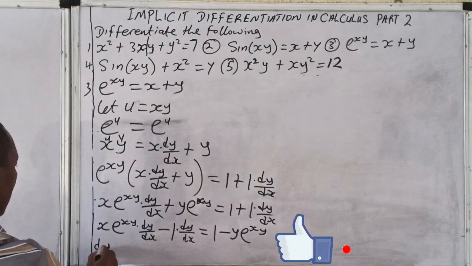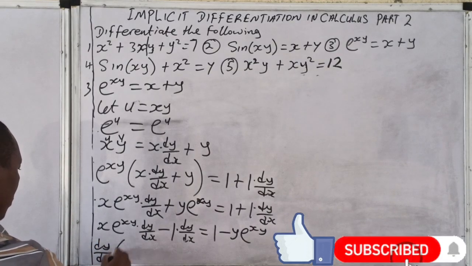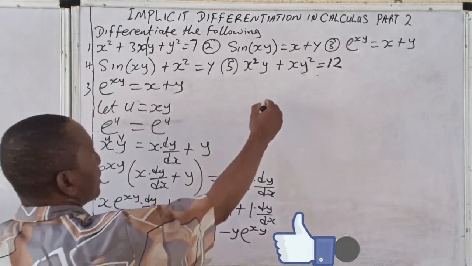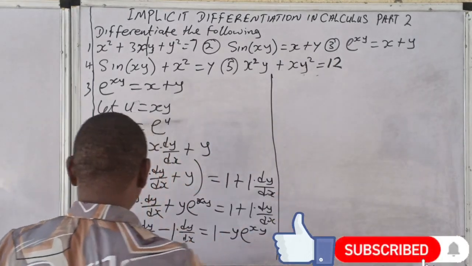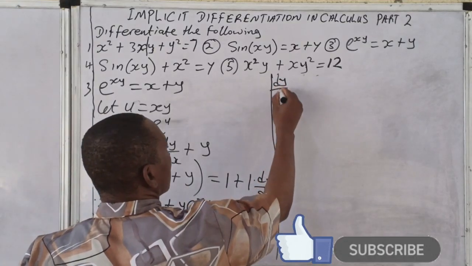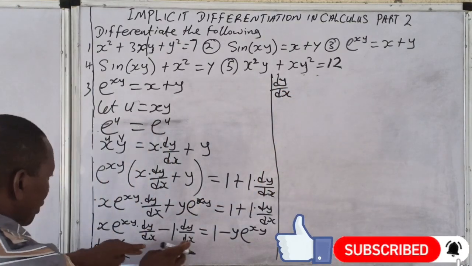The last thing, this and this, they are common. So dy/dx, let me just write it here. This and this, they are common. So dy/dx. Now I'm taking these two out.